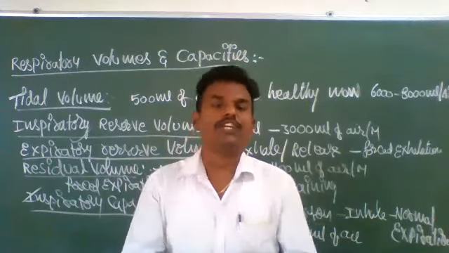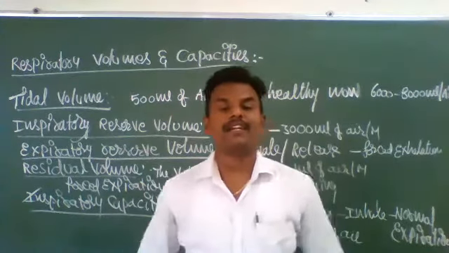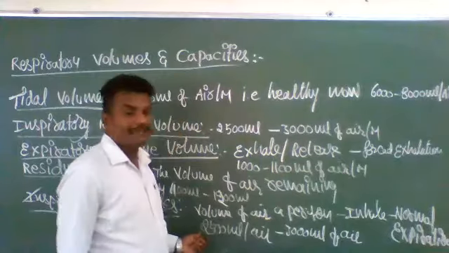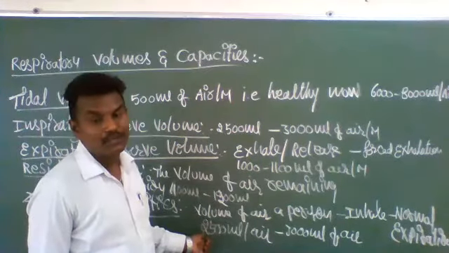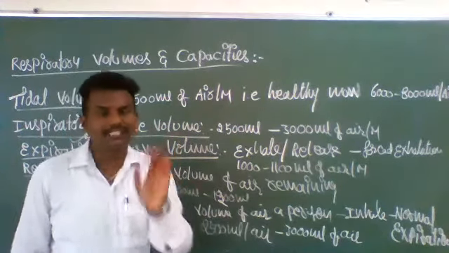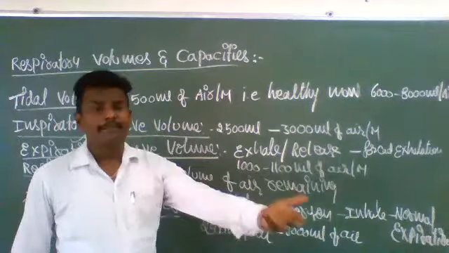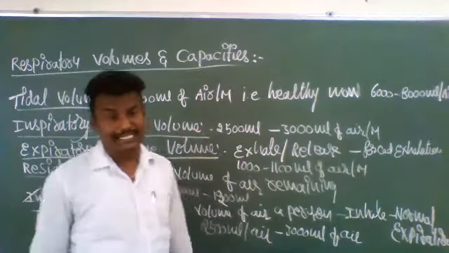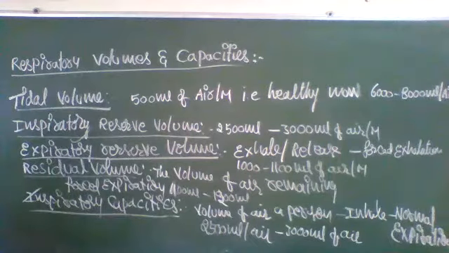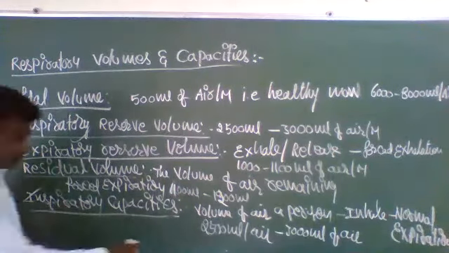After normal expiration, how much we take inside? That is called inspiratory capacity. It is approximately 2500 ml to 3000 ml. In between, it may decrease or increase. We cannot say exactly. Okay, next.